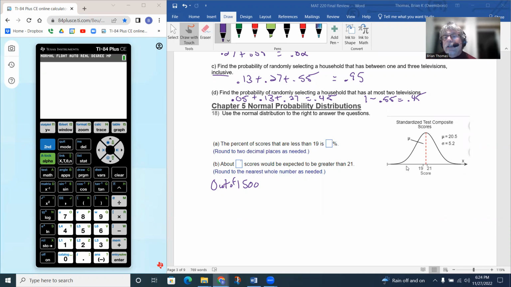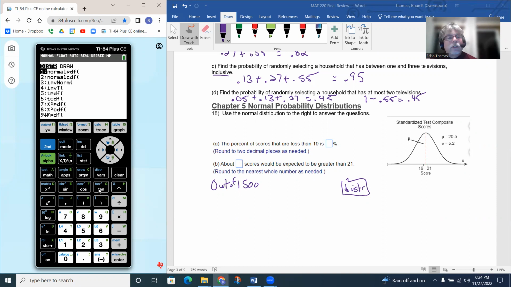Again, we could use tables, but I'm going to just use technology here. In technology, we have to use the distribution button, that's above the vars button. If I hit second, that'll do distribution.